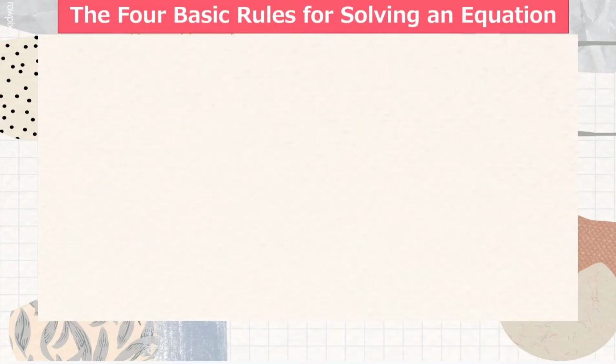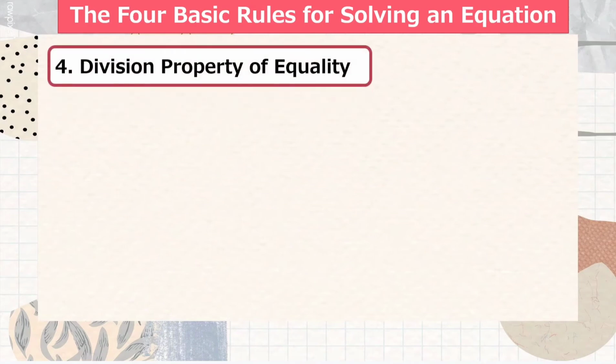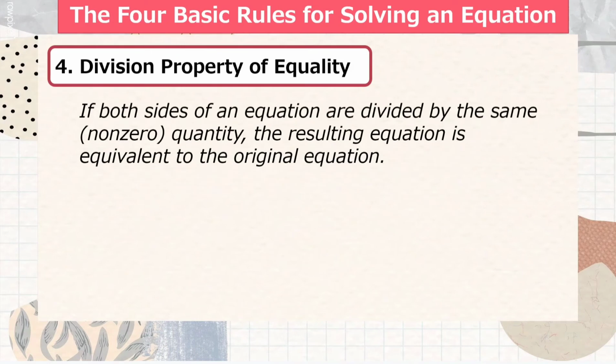Okay, so let's have the last basic rule for solving an equation, and that is the division property of equality. The rule here is if both sides of an equation are divided by the same non-zero quantity, the resulting equation is equivalent to the original equation. So here is an example. 5x is equal to 15. Here, 5x is considered as 5 times x.